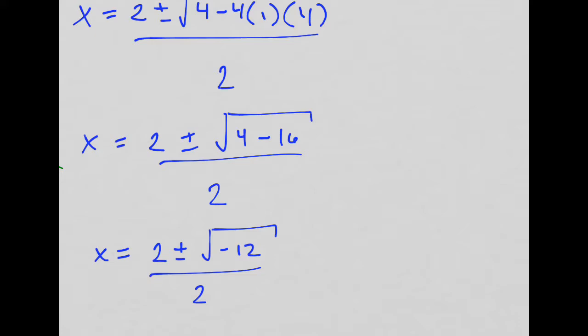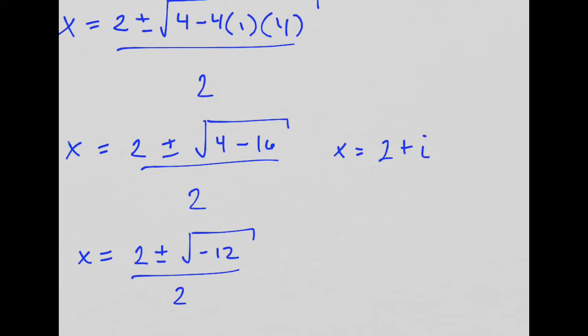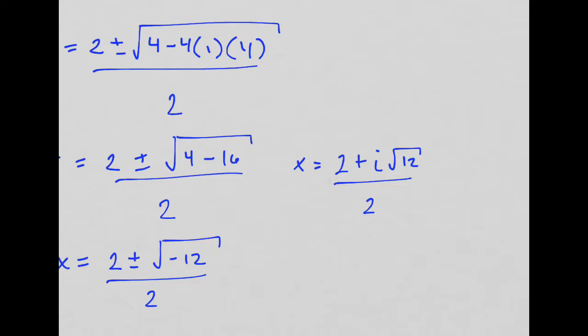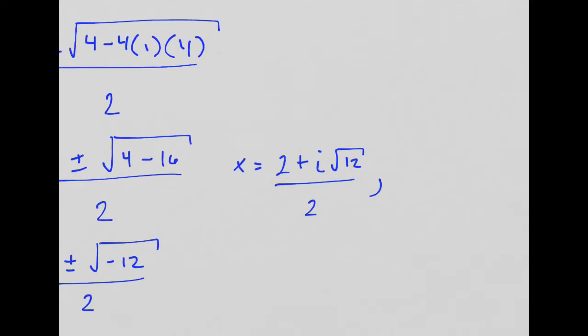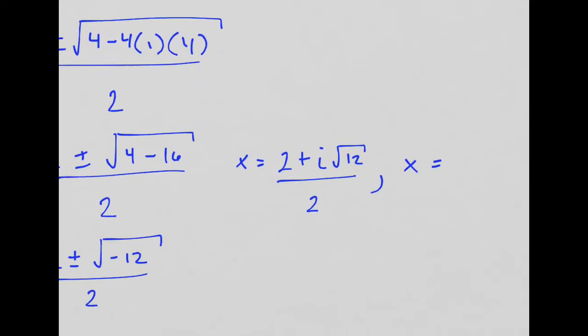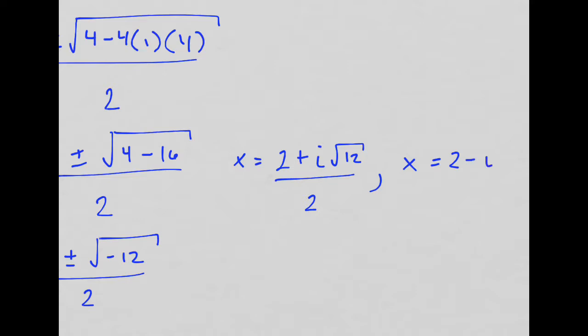But we would say x equals 2 plus, and then the negative comes out as an i. So I'd say i square root of 12 and divided by 2. So that's the first part, and then x equals 2 minus i square root 12, all divided by 2.